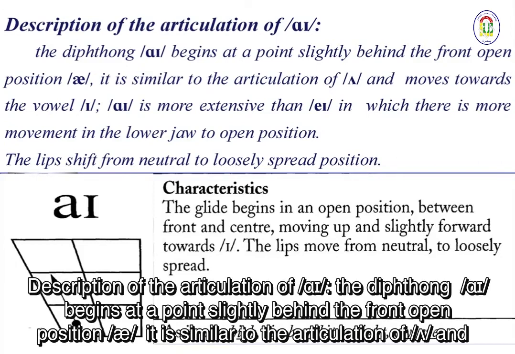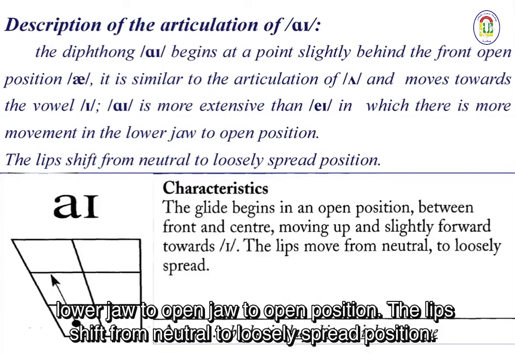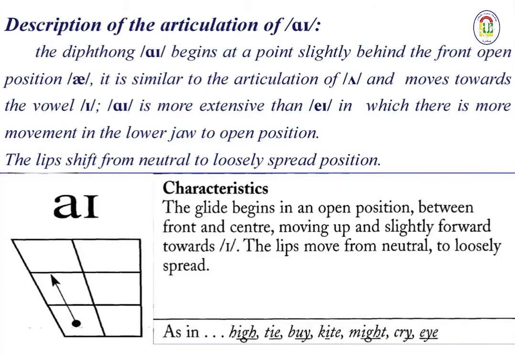Description of the articulation of I. The diphthong I begins at a point slightly behind the front open position A. It is similar to the articulation of A and moves towards the vowel E. I is more extensive than A, in which there is more movement in the lower jaw to open position. The lips shift from neutral to loosely spread position.